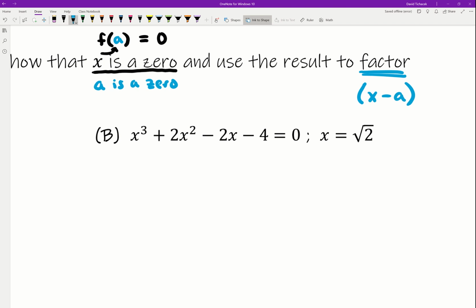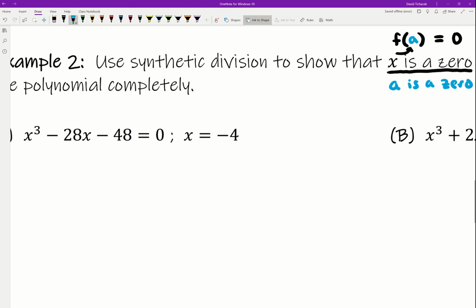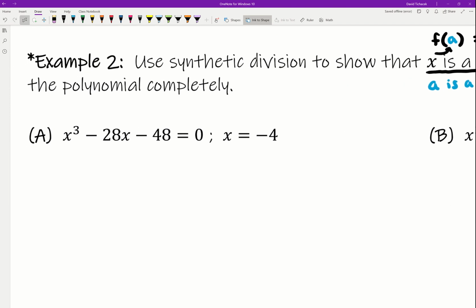So anytime you can show that you have a 0, that is a way to show that you have a specific factor in your factorization. That's exactly what we're going to do in these problems. We're first going to show that the number we are given is a 0 of the polynomial, and then show that it corresponds to a factor, and use that to factor the polynomial completely.